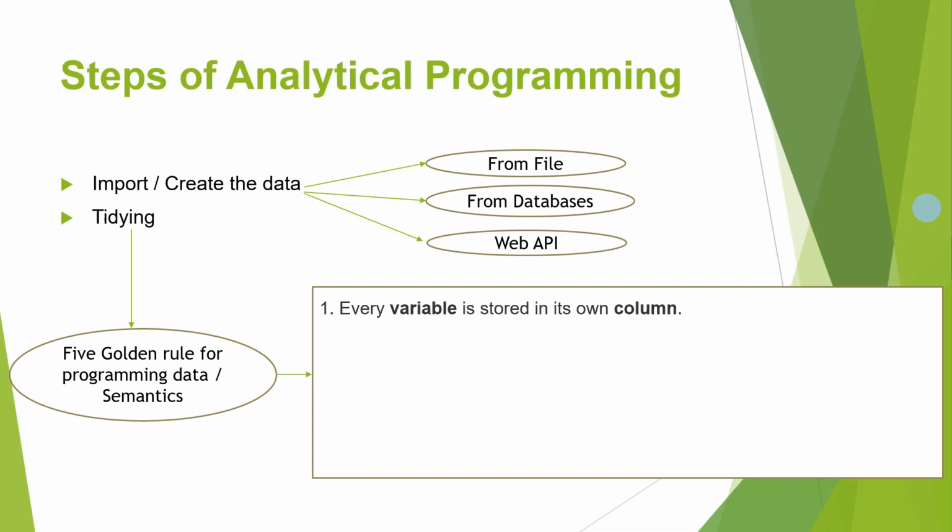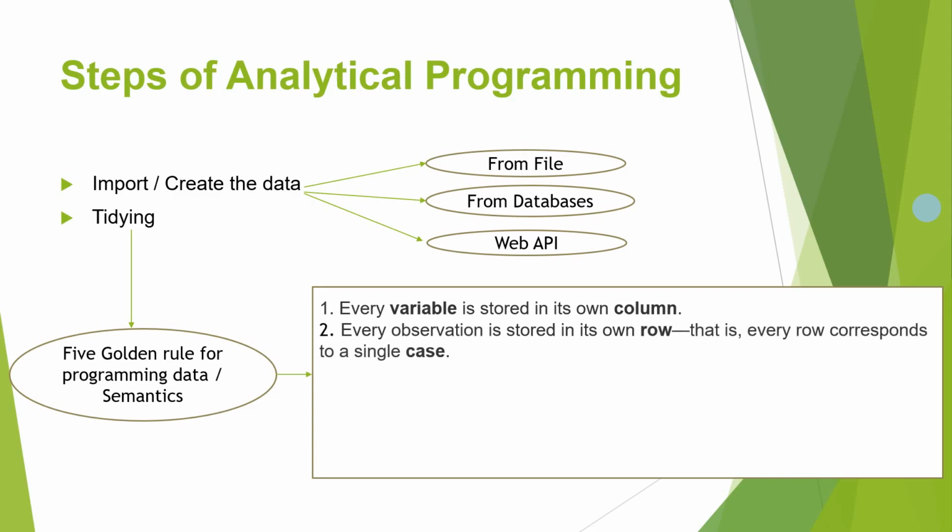If you know about Excel software, then you may know that Excel has one column, two columns, three columns, four columns. Each column has its own variable, meaning each column will store a specific type of value which belongs to a particular variable. So every variable is stored in its own column, and the second rule is that every observation is stored in its own row.